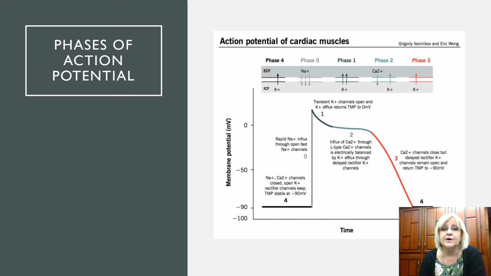The pumps involved are your sarcolemma sodium-calcium exchanger, the calcium ATPase, and the sodium-potassium ATPase. So now we're back to phase 4, the resting potential, and the process starts all over again.